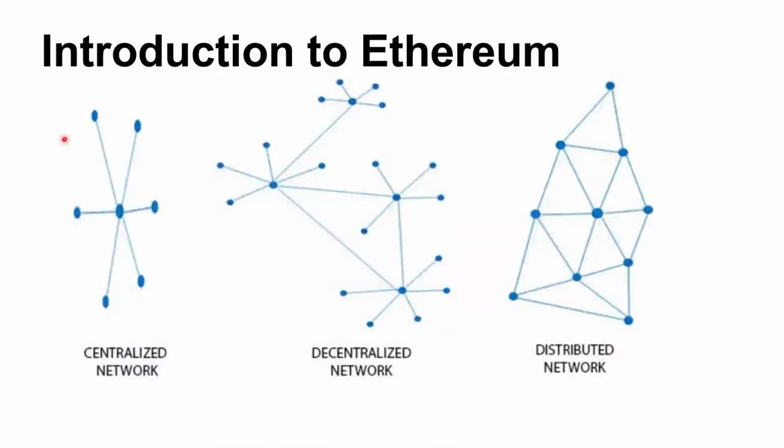If we take a look here at different types of networks, we have the centralized network, which has one focal point, and all of the clients or all of the other nodes communicate with the central focal point, and messages are relayed from the central focal point to the other nodes on the network. Then a scaled up version of that is a decentralized network, where we don't have one central focal point, but several.